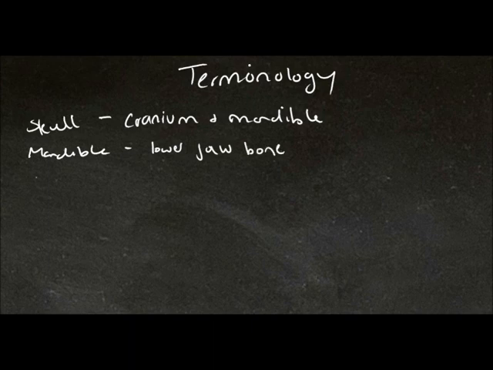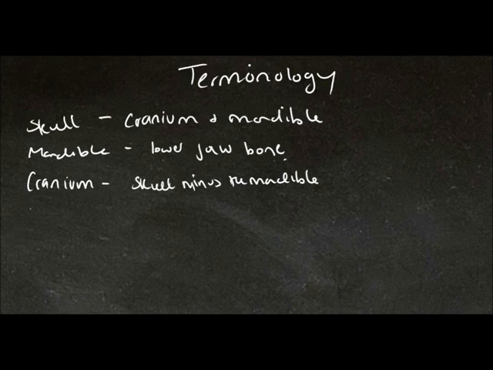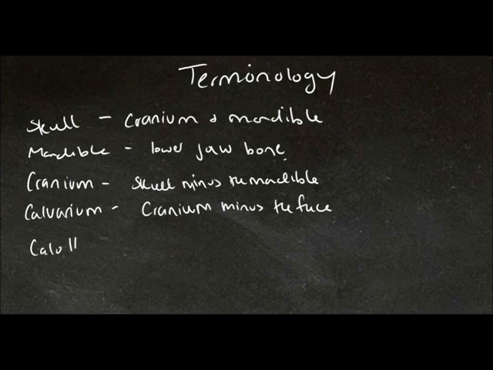You can sometimes have the cranium, which is the skull minus the mandible. You can have the calvarium, which is the cranium minus the face. And you can have the calotte, which is the calvarium minus the base.